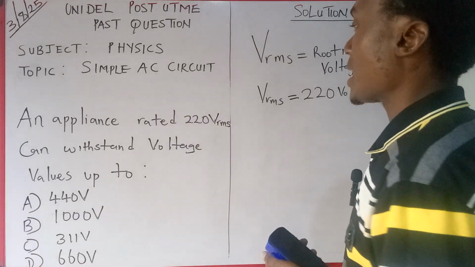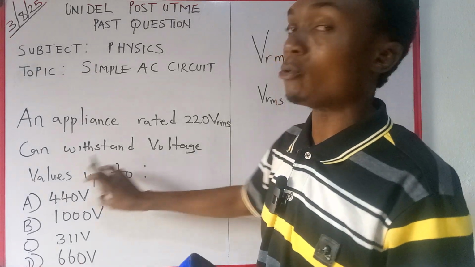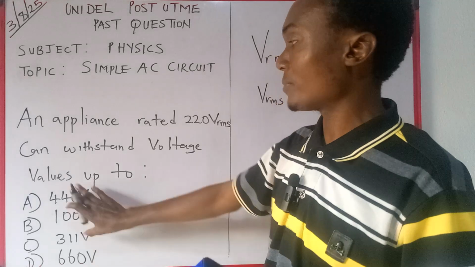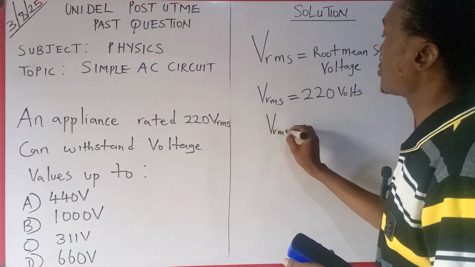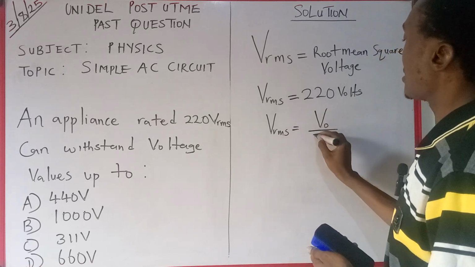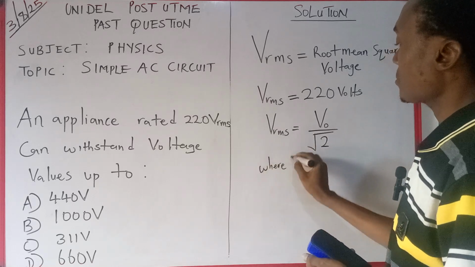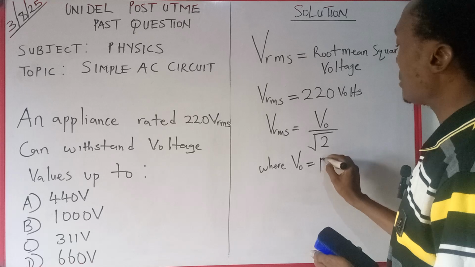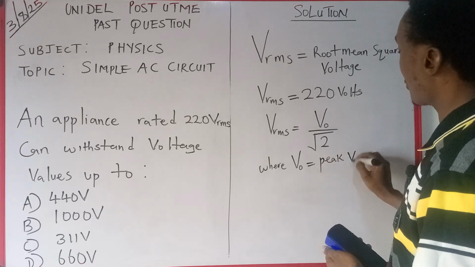Okay, and the question says we should find what voltage it can withstand up to, out of the values. Okay, so now root mean square formula, VRMS is always given as V0 over root 2, where V0 is what we call the peak voltage.